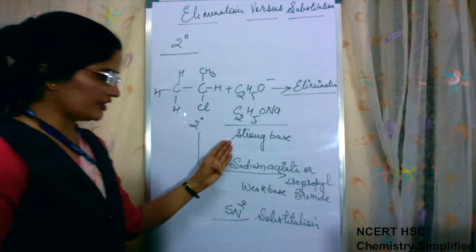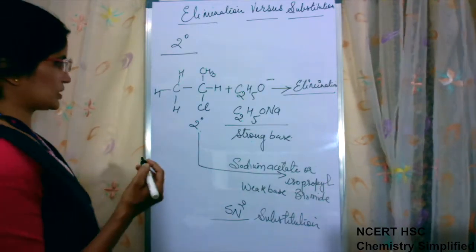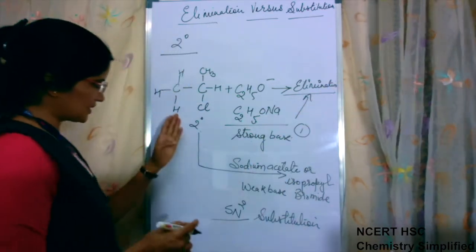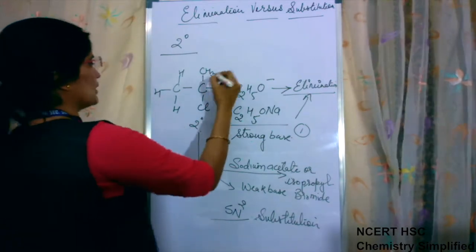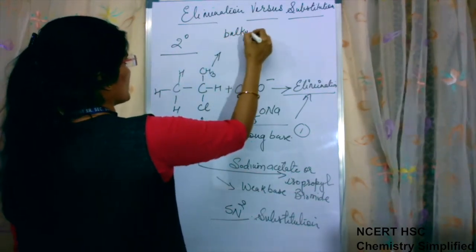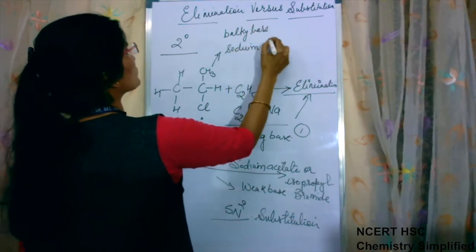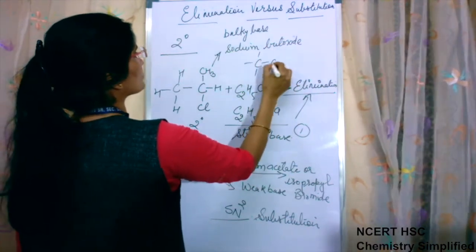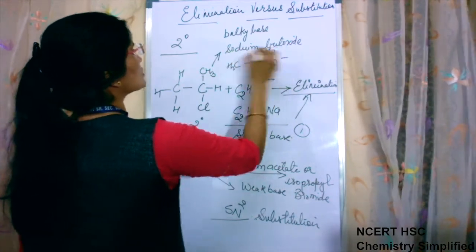Now this is about weak and strong. Along with this, if a bulkier nucleophile is used with 2 degree: first condition, strong base, product is elimination. Second condition, weak base, product is substitution. Third condition, if a 2 degree alkyl halide is treated with a bulky base, sodium butoxide, it will be like this: CH3, CH3, CH3.